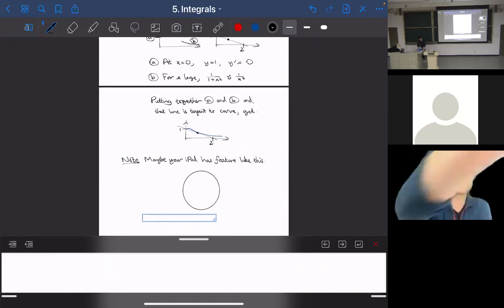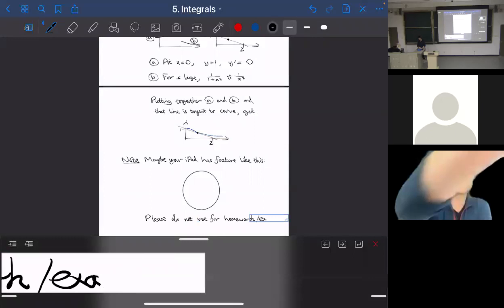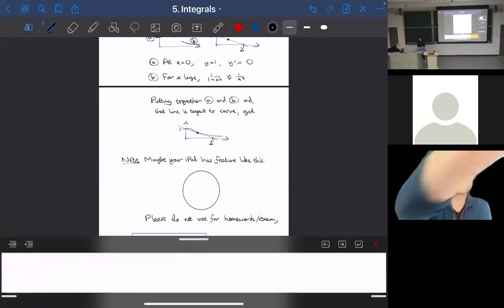So please do not use it for homework or exam, as some people do not have it.